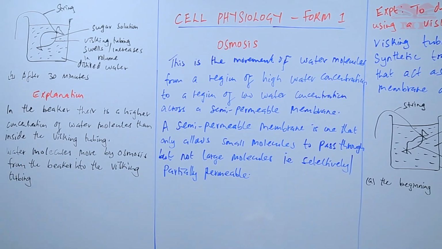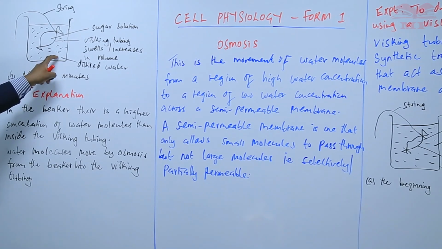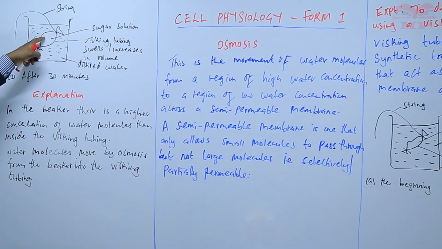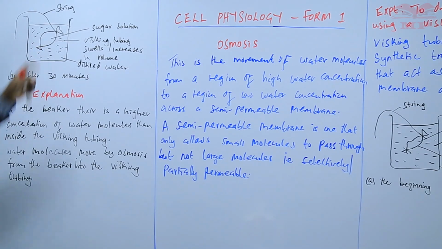So we are saying that water molecules move from the beaker into the whisking tubing by osmosis. That tells you that the water molecules have moved from where there is a high concentration of water to where there is a low concentration of water inside the whisking tubing.